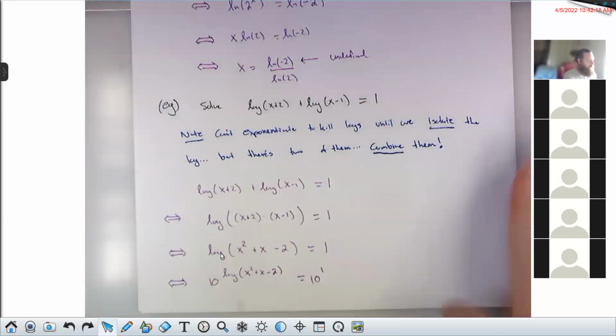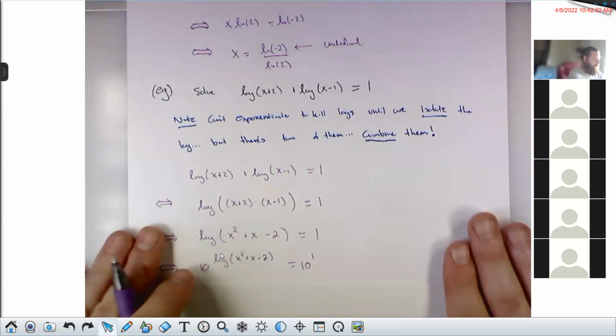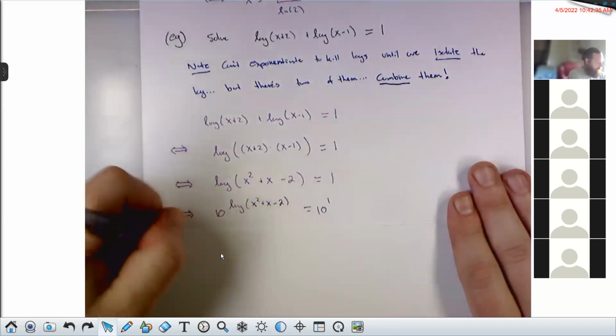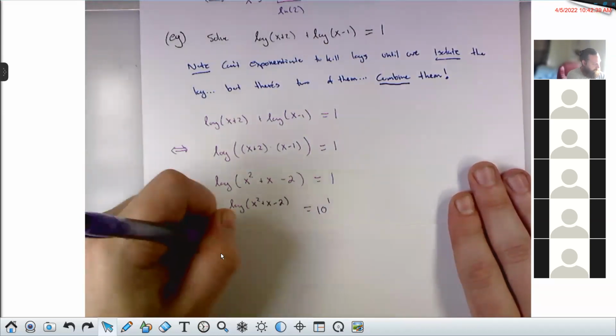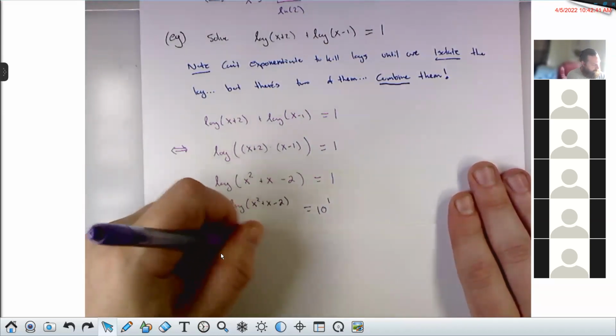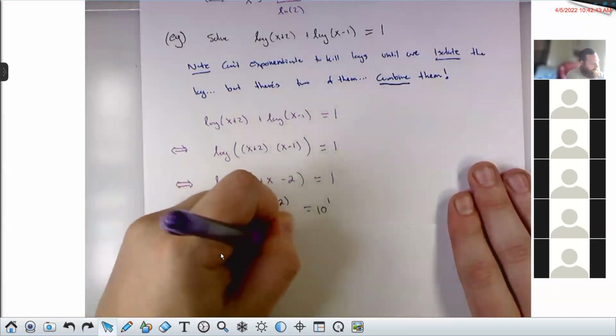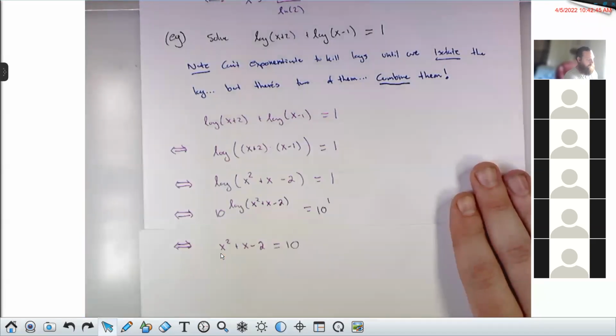Make sure you exponentiate on both sides. Common mistake to forget. On the left-hand side here, I'll have just x squared plus x minus 2. And on the right-hand side, 10 to the 1 is just 10.